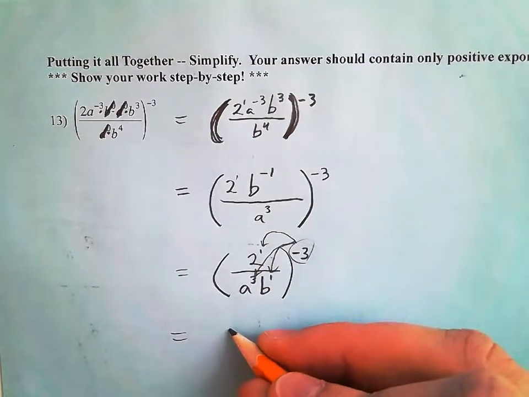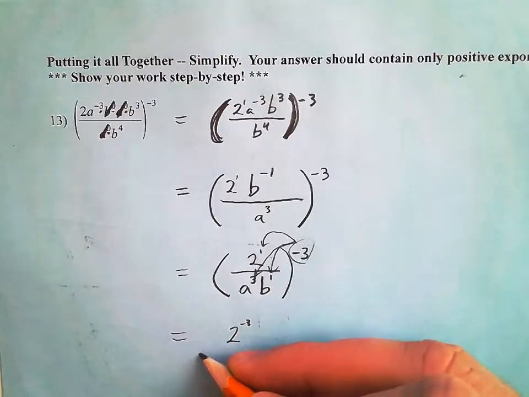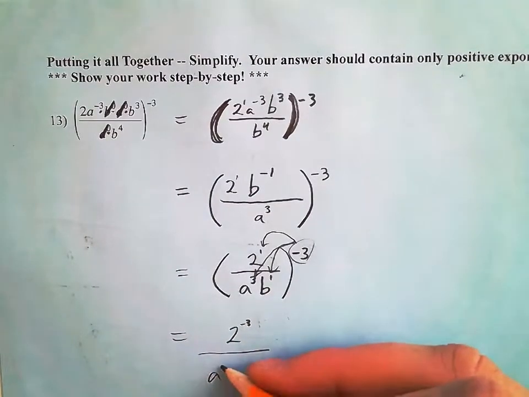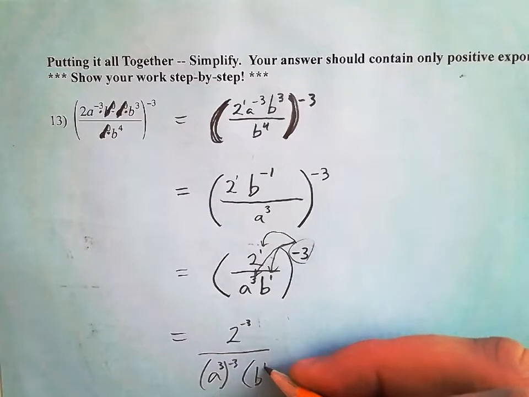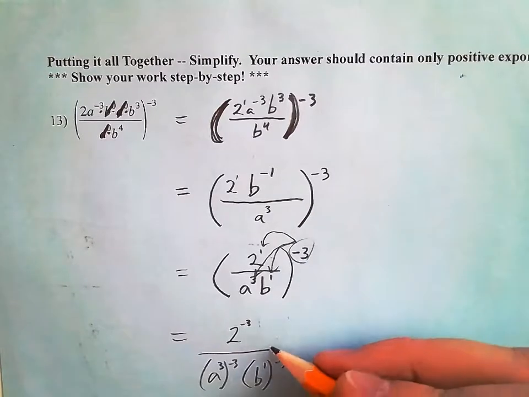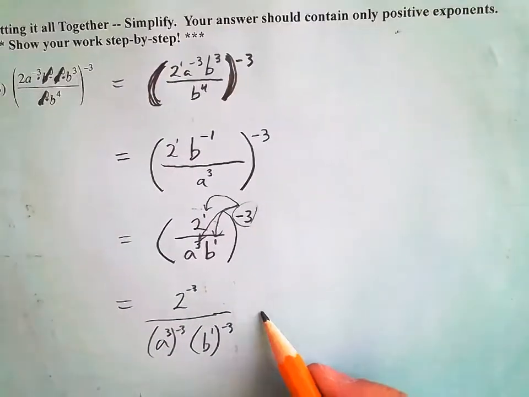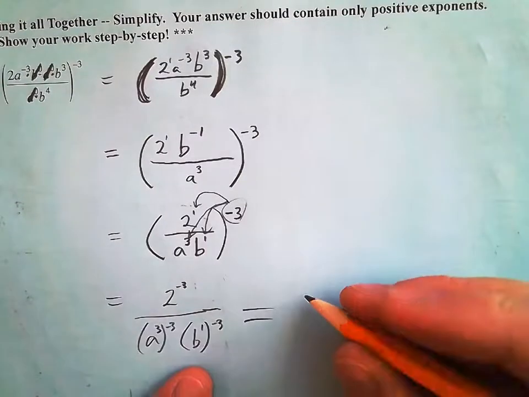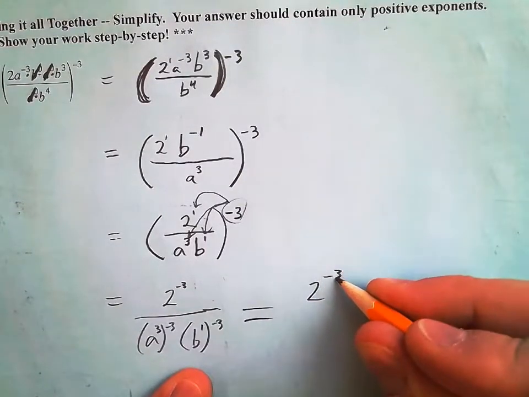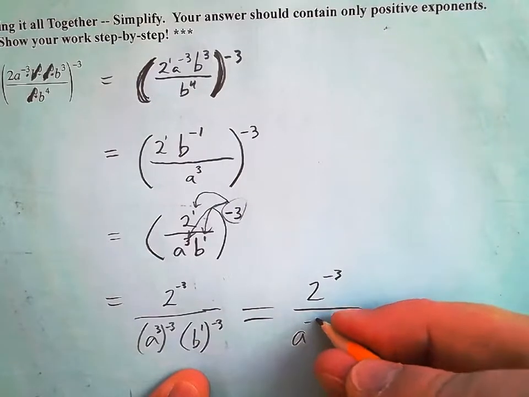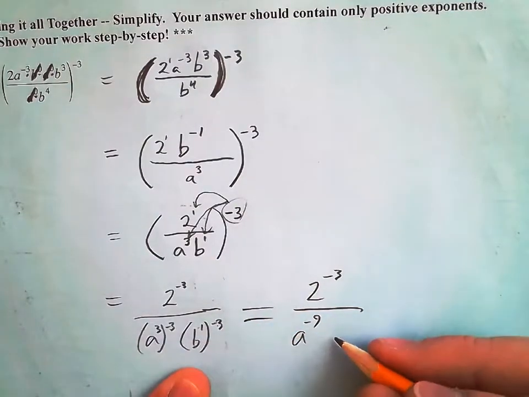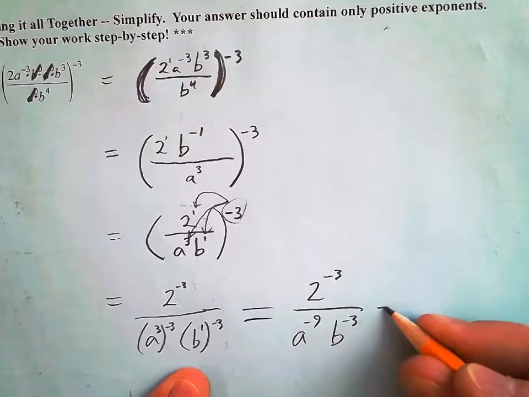So you're going to get 2 to the -3 over a to the 3 to the -3 times b to the 1st to the -3, which will be, I'll leave the negative exponents for a second, 3 times -3 would be -9. -3 times 1 is -3.